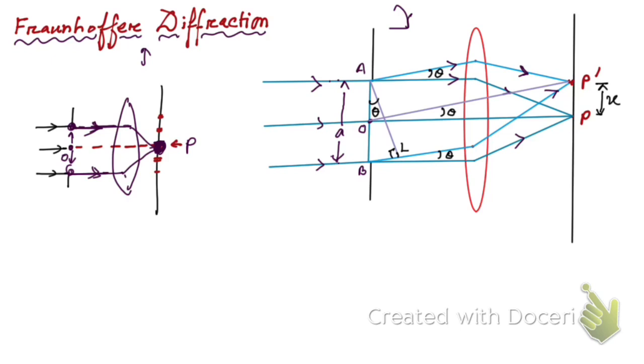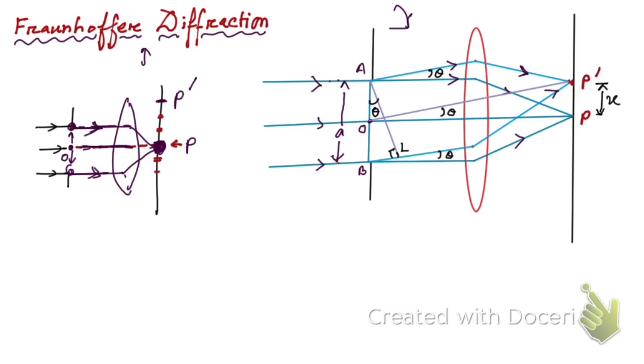Suppose we consider another point P dash, as you can see here. Whether it is a point of maximum or minimum depends on the path difference between the light. Light will travel not only straight, parallel to OP, but also in directions inclined to OP, in this way.